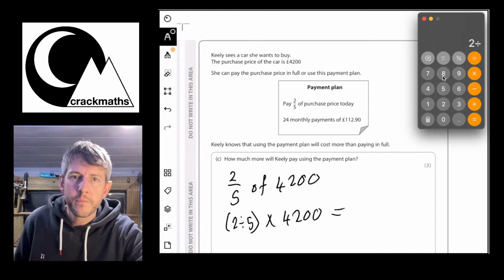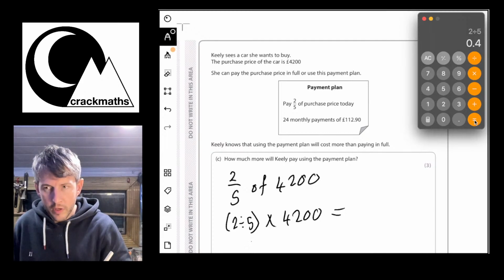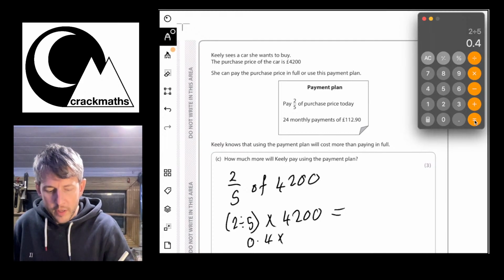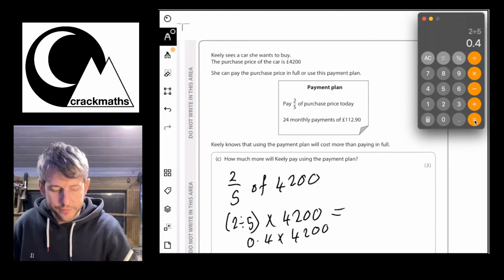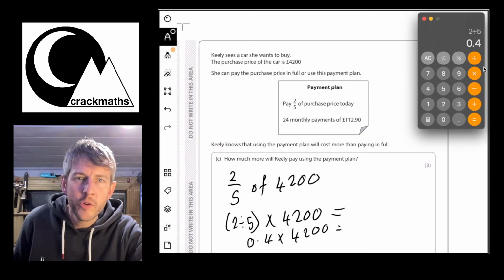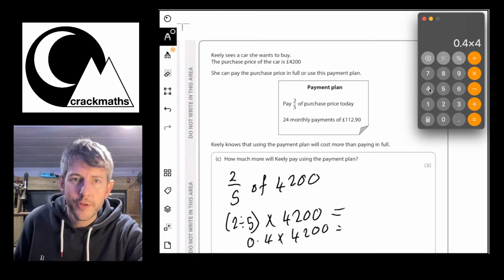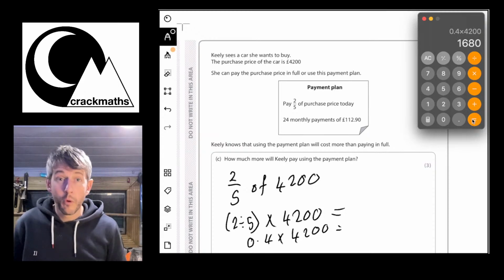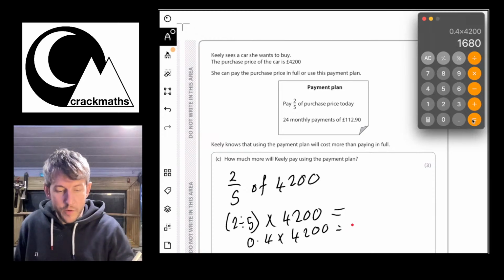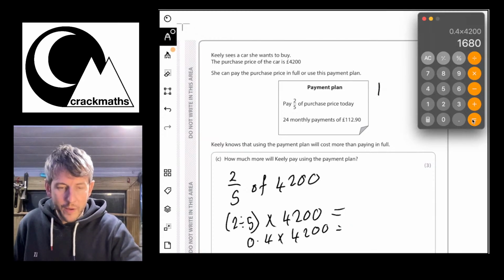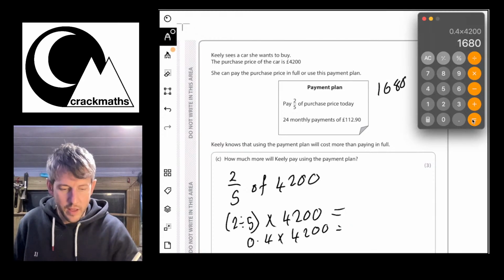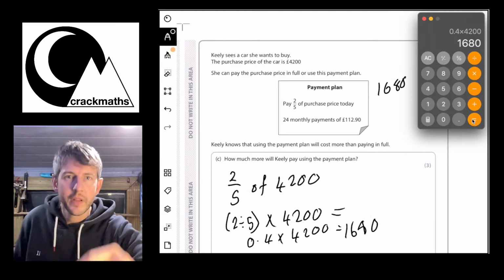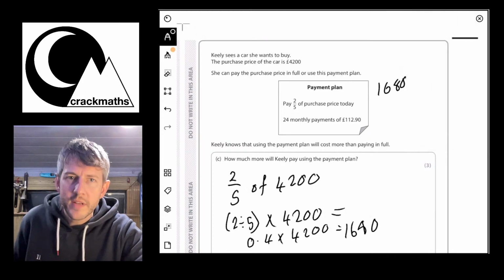We've got 2 divided by 5, and that equals 0.4. So we're looking at 0.4 times 4,200, and we'll see what that equals. So 0.4 times 4,200 equals 1,680. So she's going to pay £1,680 straight away.